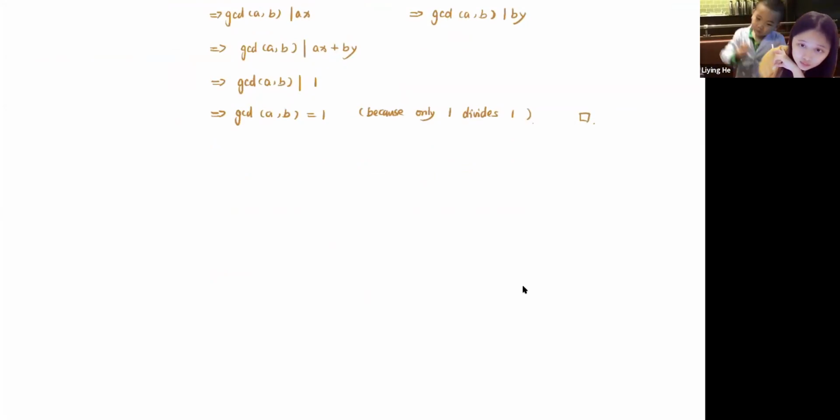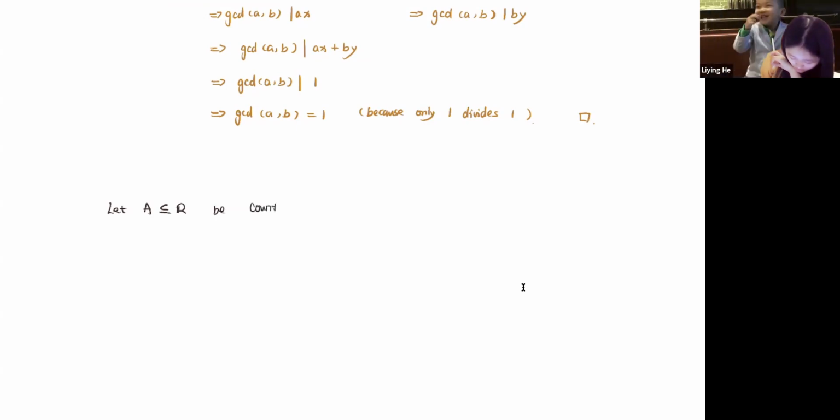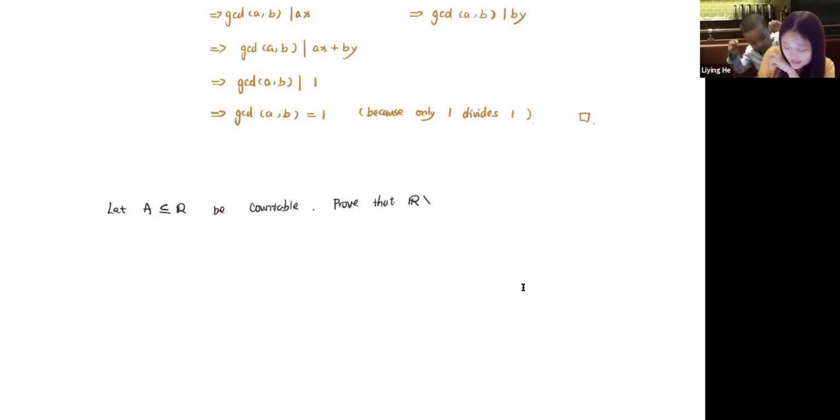So let A be a subset of R, be countable. Prove that R minus A is countable, which is basically what we did before.